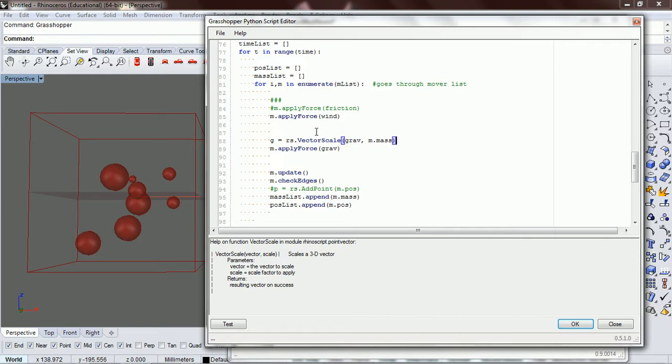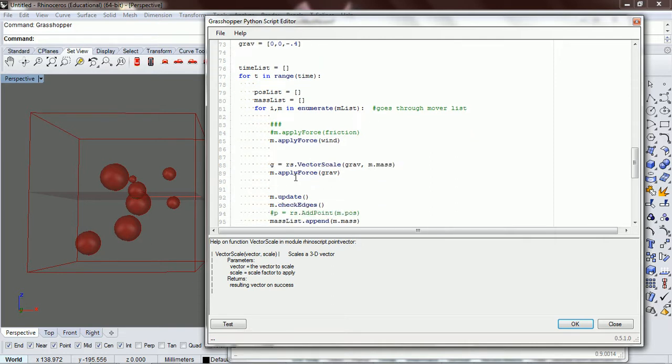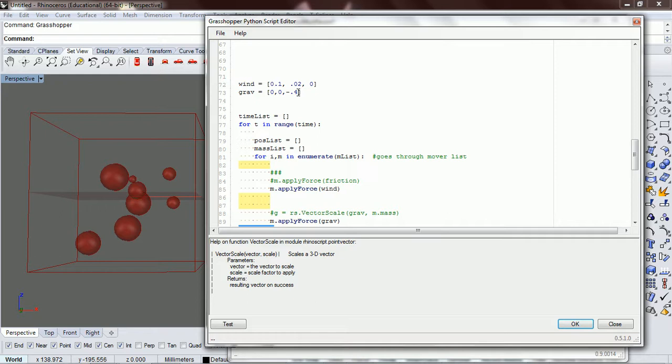So before we apply the force to this m, that force is going to be based off of its mass. So yeah, I'll show you what that looks like here. Let's try it. Oh, I wanted to bump this up before I did it. Let's do 7.